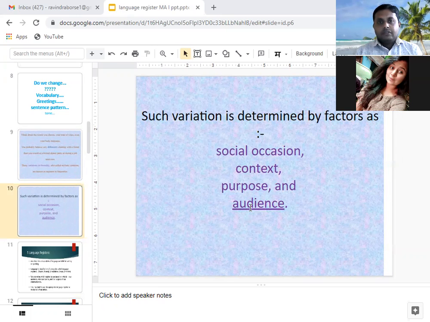And in a situation, we use a particular type of language, that is register. In a particular context, we use a particular type of language, that is called register.